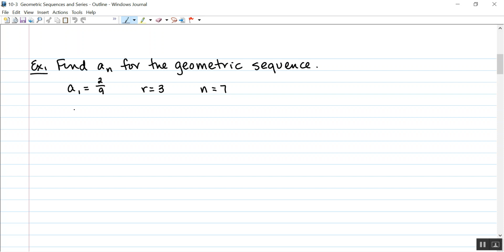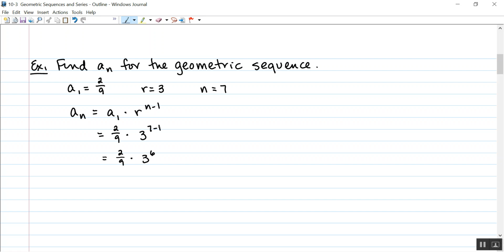So let's use our formula. A sub n equals a sub 1 times r to the n minus 1. And let's just plug in our numbers. So a sub 1 is 2/9 times 3 to the 7 minus 1 power, or 2/9 times 3 to the 6th power.